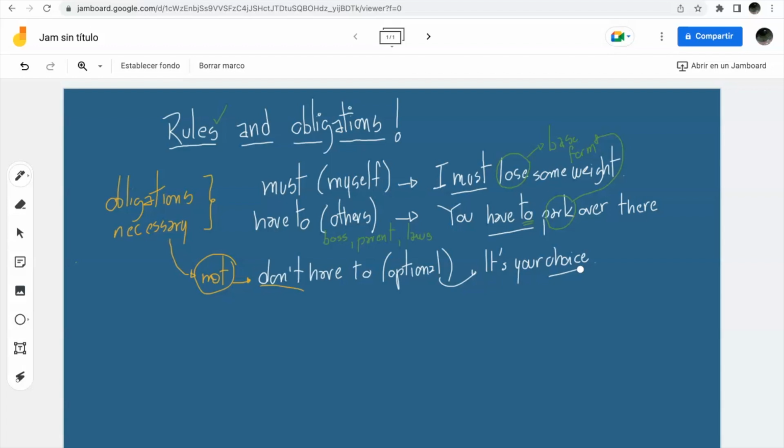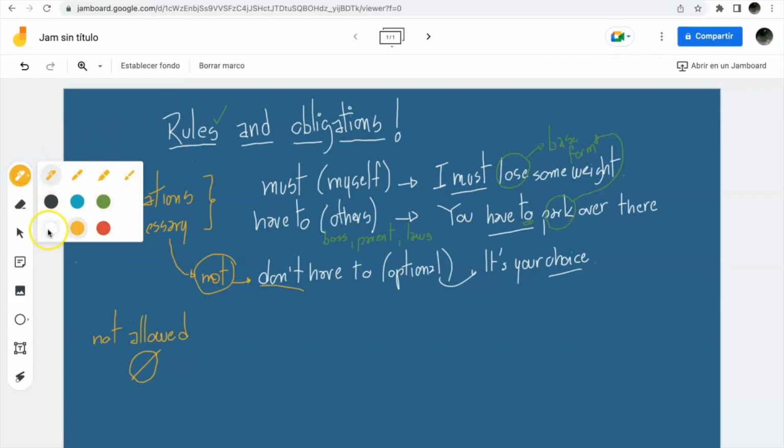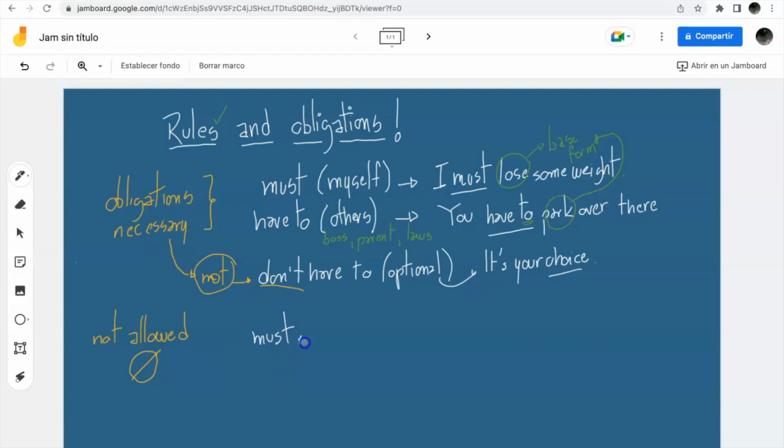So when things are not allowed, for example, prohibited, things that are prohibited. Now in this case, we have to use must not.